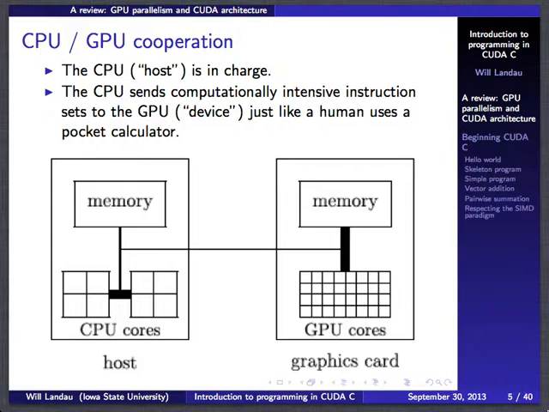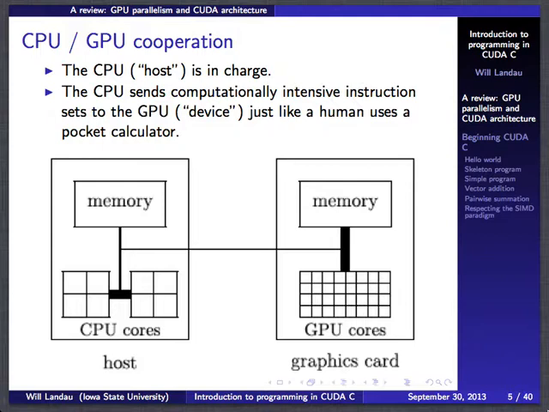Keep in mind also that this thin line between the CPU and the GPU tells us that there is very low bandwidth between the CPU and the GPU, so writes to the GPU and from the GPU are going to take a long time. We want to be mindful of that.